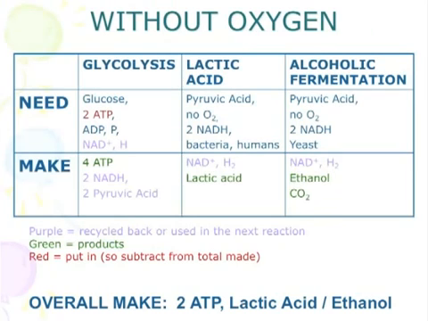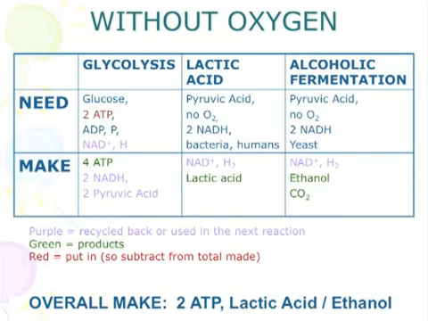So this is your basic overall outcome, what goes in, what comes out without oxygen. So you have glycolysis, and then you either have lactic acid or alcoholic fermentation. So this just shows you the basics, puts it all in a nice little table format of what is put in, what is made, and then what's recycled.